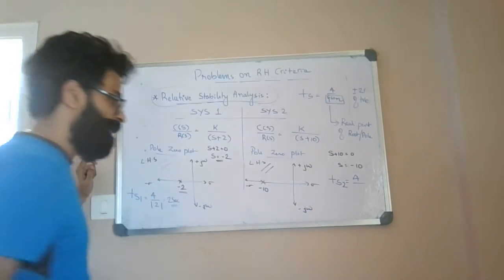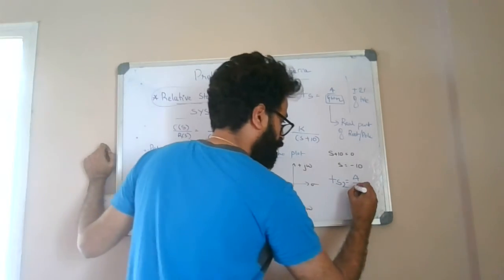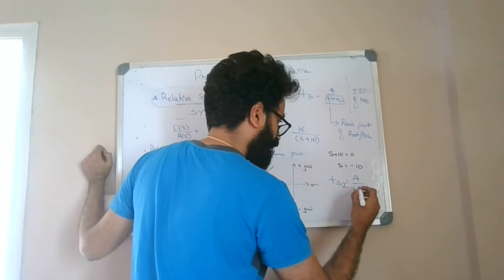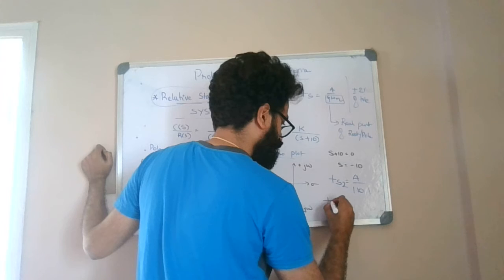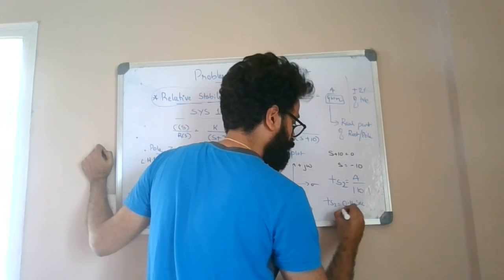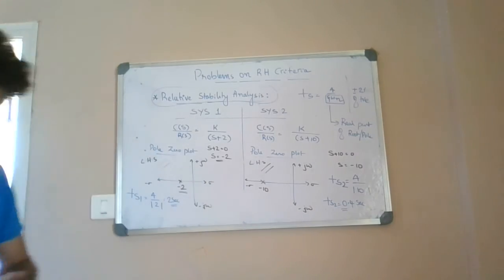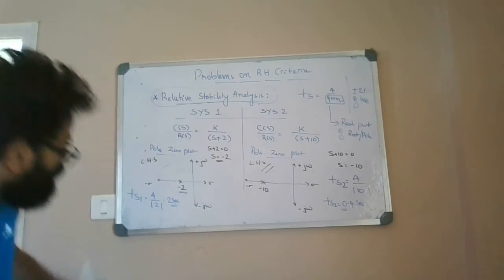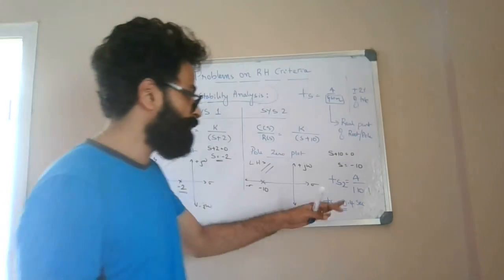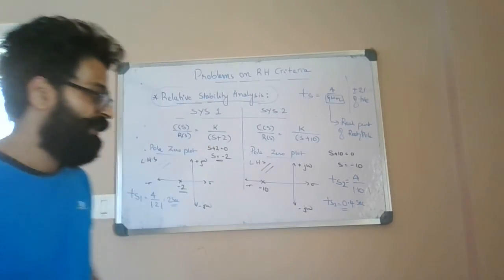Alright. On the other hand, if you calculate TS2, how much you will get? 4 by mod zeta omega n, and the value is 10. So 4 by 10. So basically, TS2 is equal to 0.4 seconds. So system 1 gives 2 seconds of settling time, and system 2 gives 0.4 seconds of settling time.